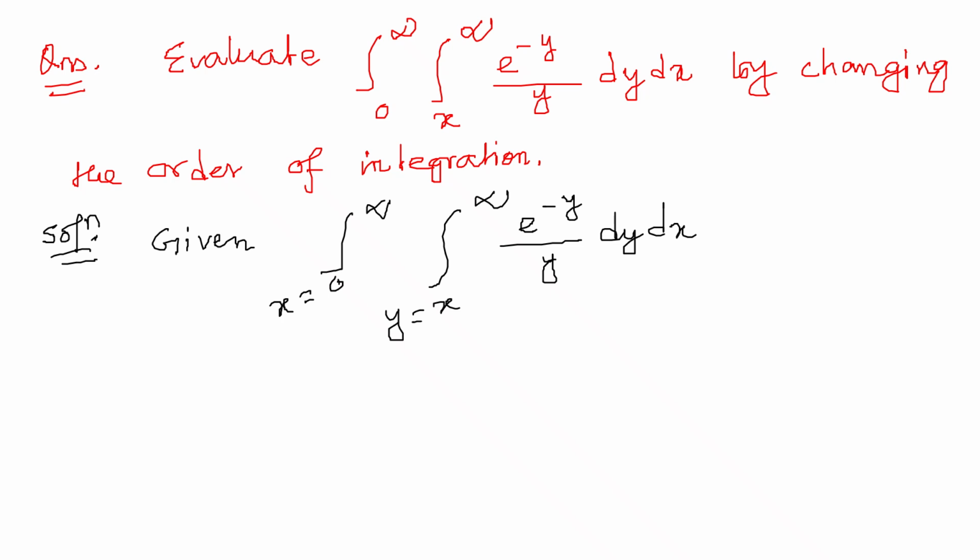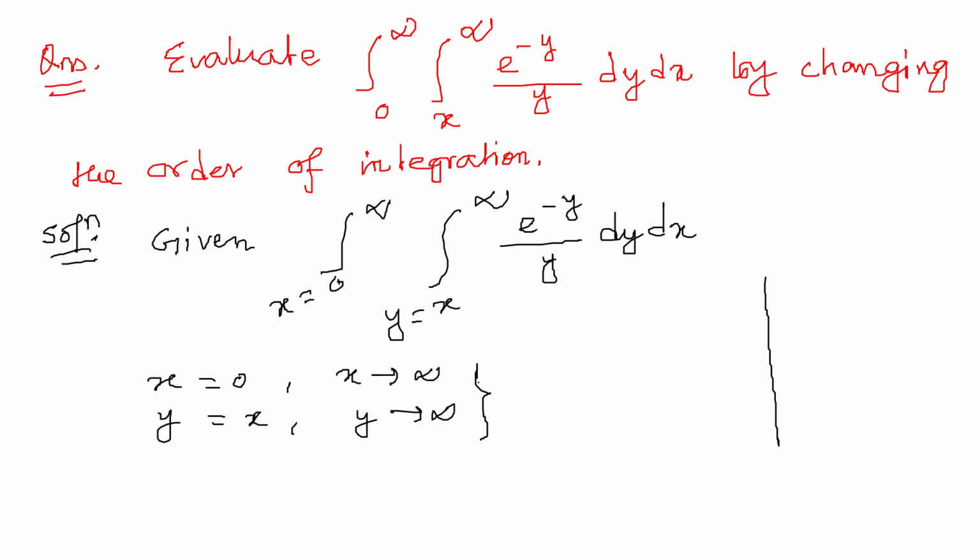Whatever is given, the limits you can write down here: x is from 0 to infinity, and y is from x to infinity. Look at these limits, given in the problem, and accordingly you draw the graph.